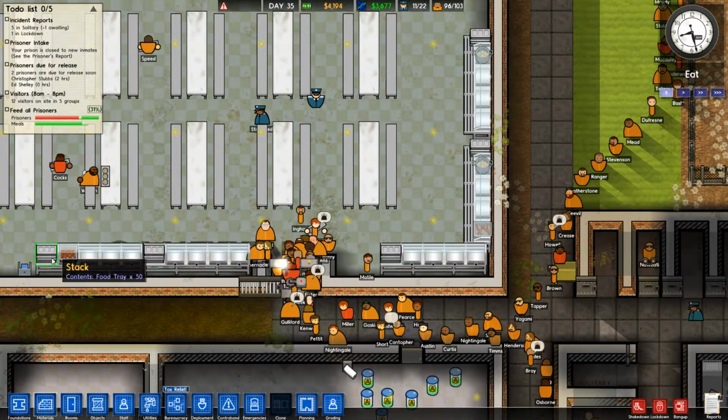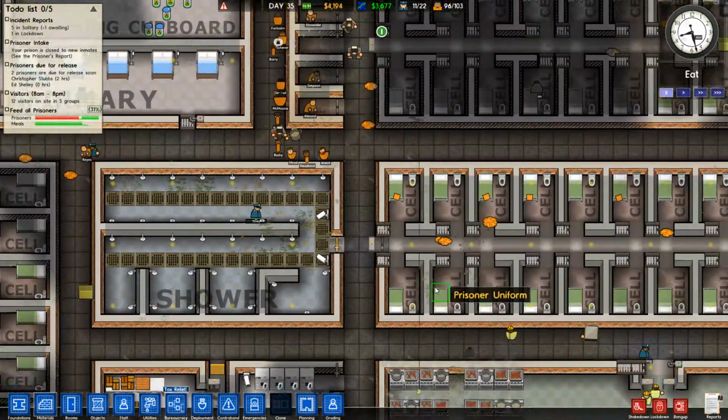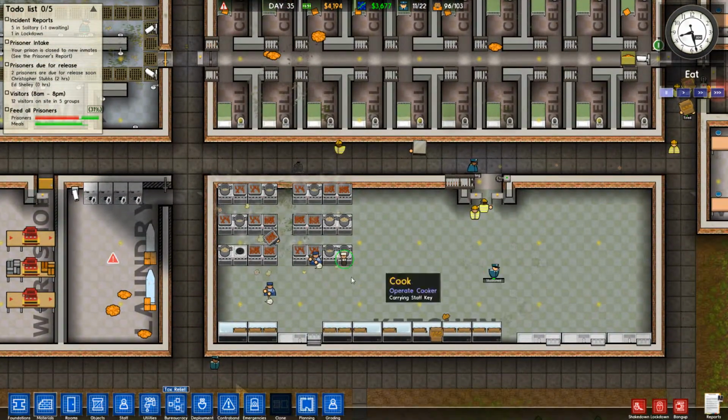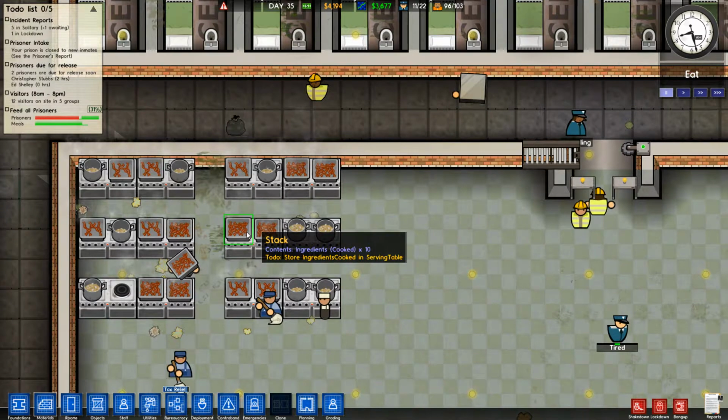And again, there does not seem to be enough food in here. This is weird. What about my kitchen? Look at that, there's all sorts of food ready in the kitchen.